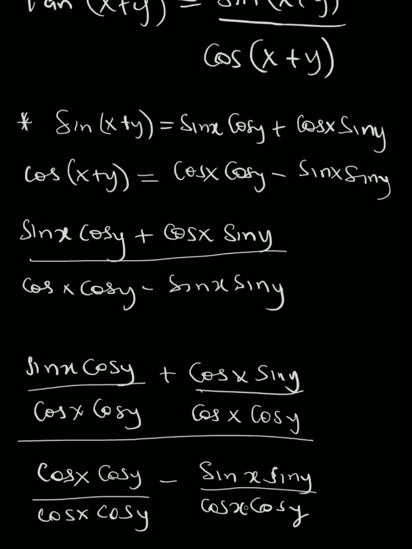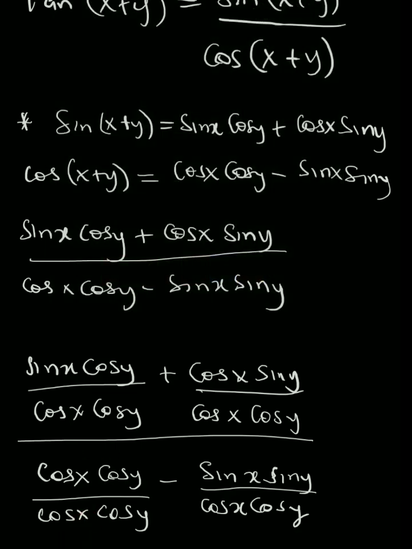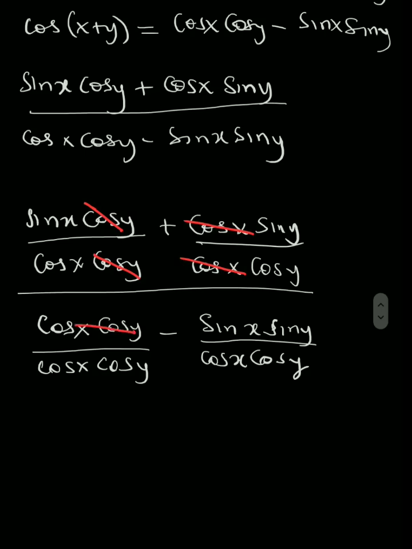Now if you look at this, in the first part cos y on top and cos y below will cancel. In the second part, cos x and cos x cancel. Then here, this divided by itself gives us a 1.